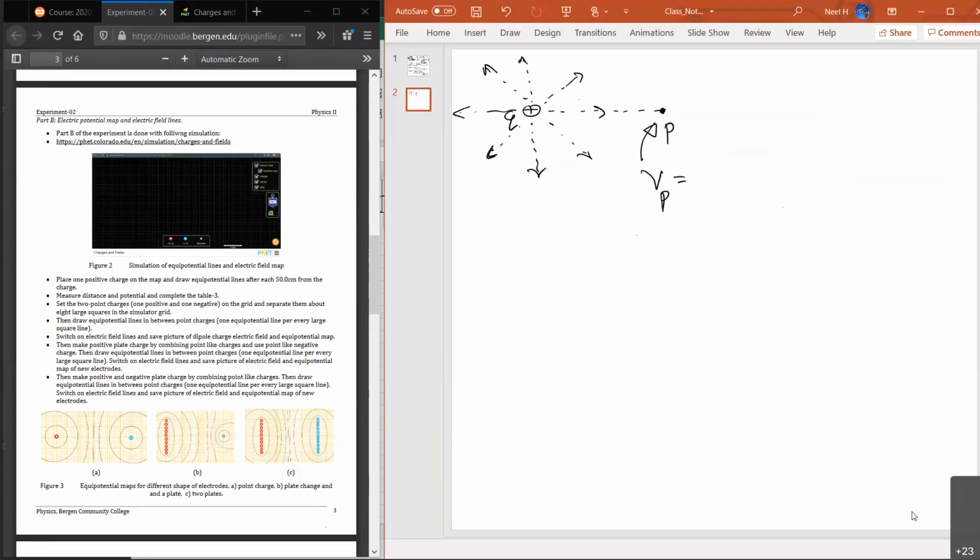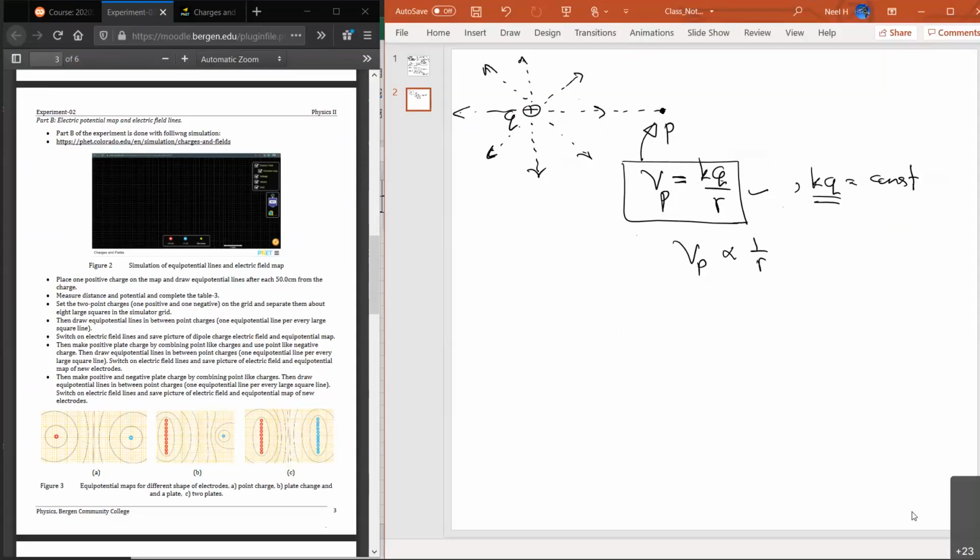We will talk about this tomorrow. This potential is actually kq divided by r. We'll prove that equation tomorrow during the class. Depending on k, q and r, if I keep k and q constant for one particular charge, then Vp is inversely proportional to the separation between point P and the charge q.